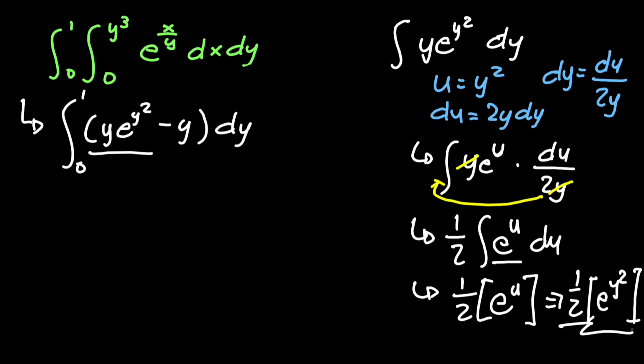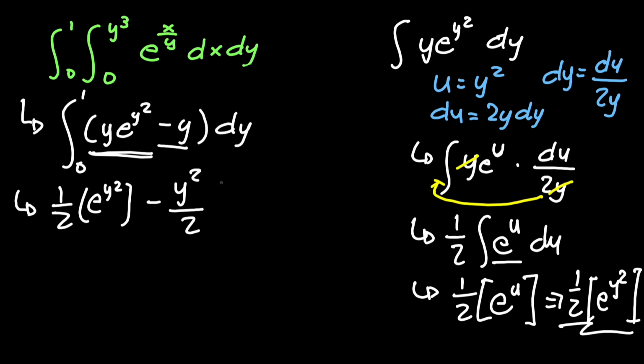And so this is the answer for this integral right here. And so it would be 1/2 multiplied by e raised to the power of y squared. And now let us focus on the integral of negative y. The integral of this is negative y squared over 2. And now let us bracket this with the upper limit of 1 and lower limit of 0.